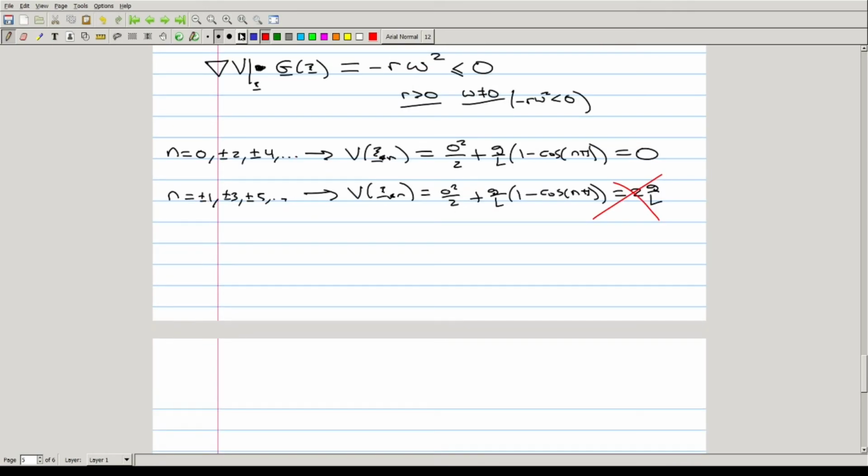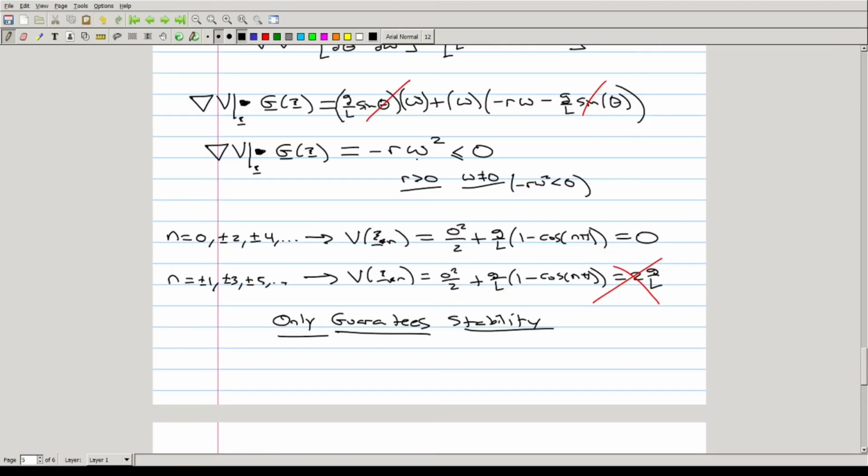So this only guarantees for us stability, because of the fact that when omega is 0, this is equal to 0.